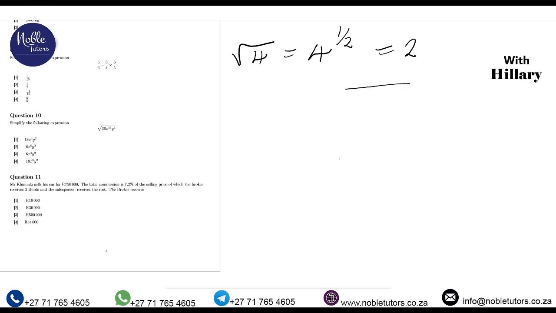But if you want to go back to 4, we will then say 2 to the power of 2, which will give us 4. How? Because 2 to the power 2 is as good as 2 times 2, which is 4. So what I want to arrive at is that if ever you are dealing with square roots, you need to multiply by half if it's a square root.